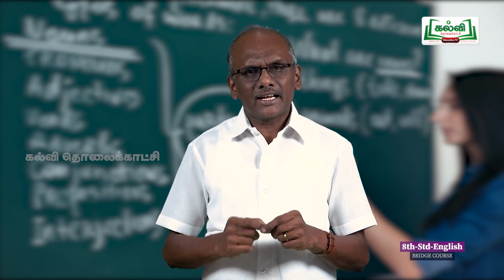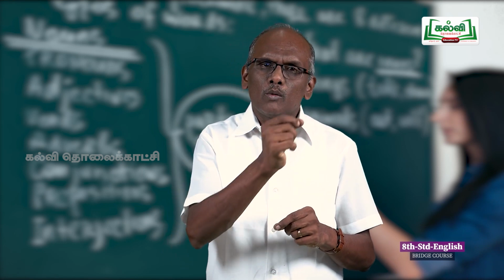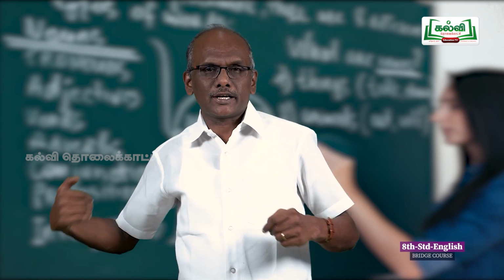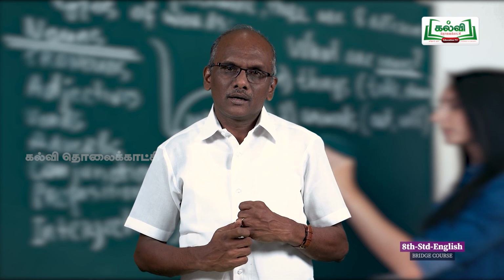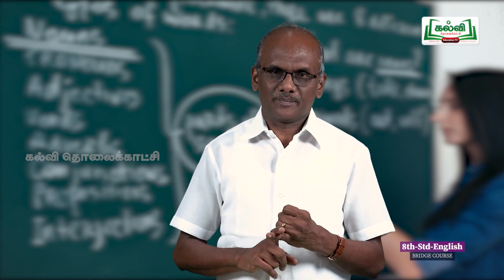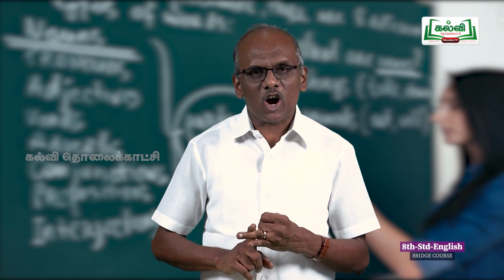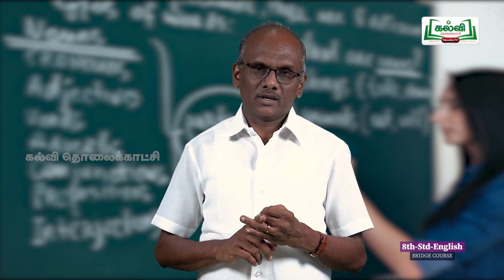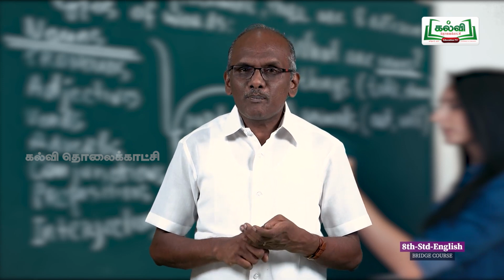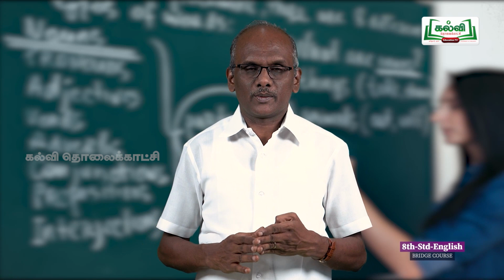Let us add not to modal auxiliaries, and what we get, the contracted forms are: may plus not, mayn't. Can plus not, can't. Shall plus not, shan't. Will plus not, won't.